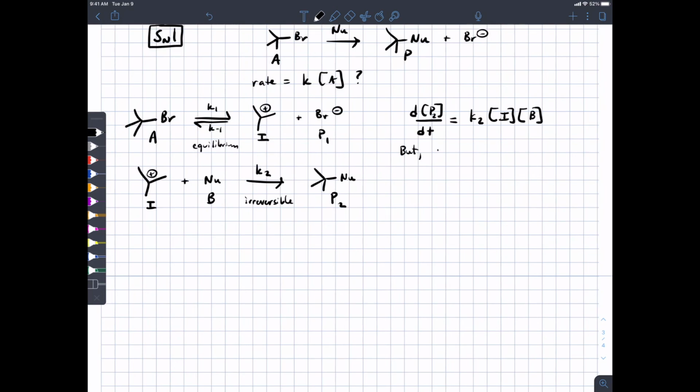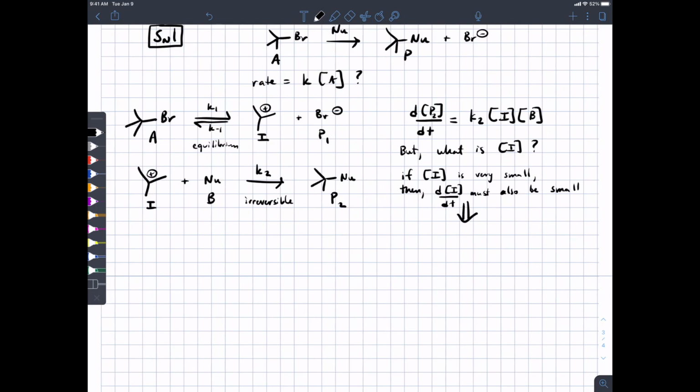But we're not sure what the concentration of intermediate I is, because that's a high energy intermediate and it's difficult to measure, and its concentration is probably low. And it turns out you can show mathematically that if the concentration of I is very small, then the variation in that concentration must also be small.